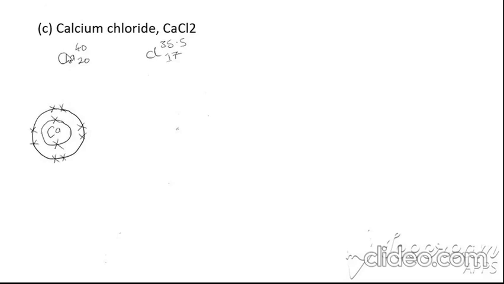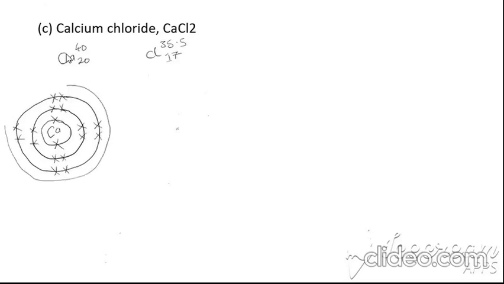So 8 plus this 2 inside, we're having 10. 10 you subtract from 20, you remain with the other 10 electrons. But third shell should have how many electrons? 8 as well, according to octet rule. So 2, 4, 6, 8, like that. So 8 plus this 8, 16 plus this 2, 18. 18 subtract from 20 remain with the last 2 electrons.